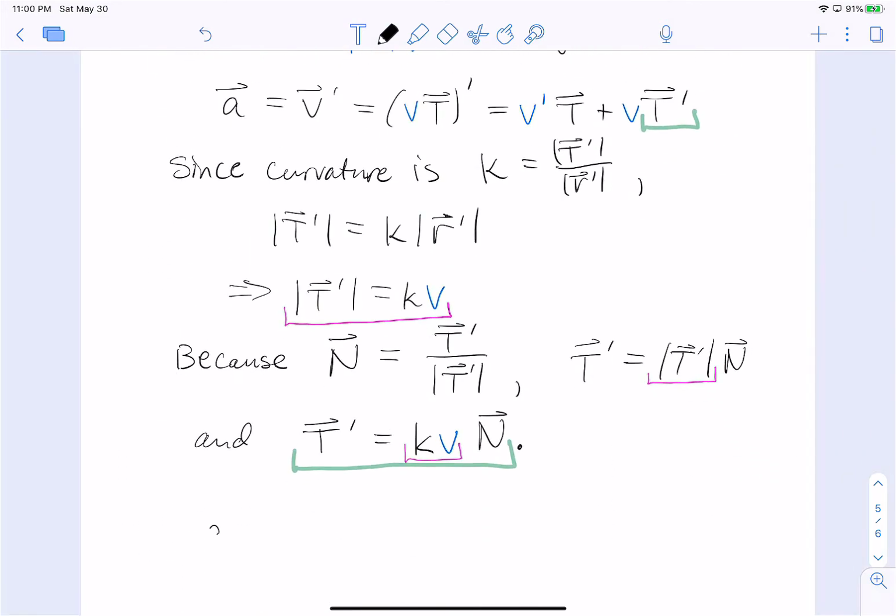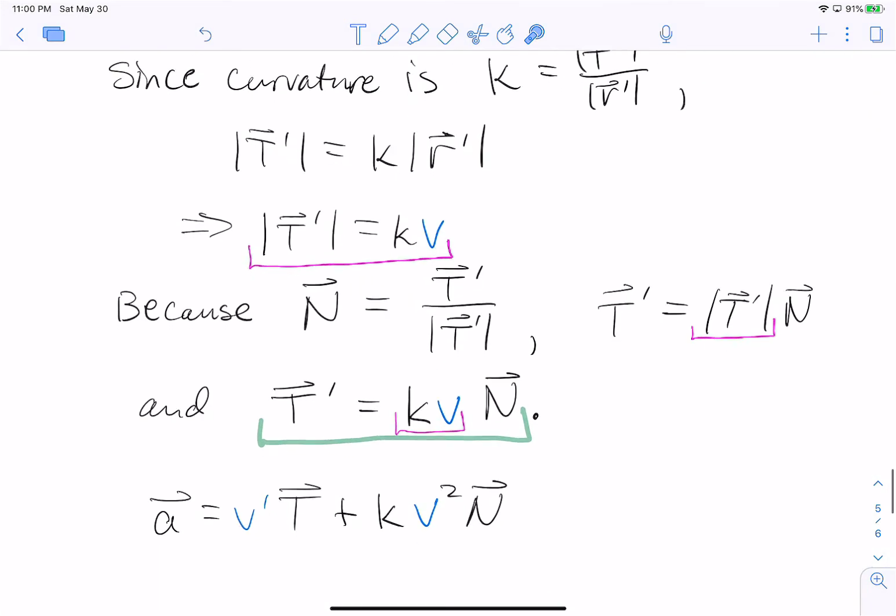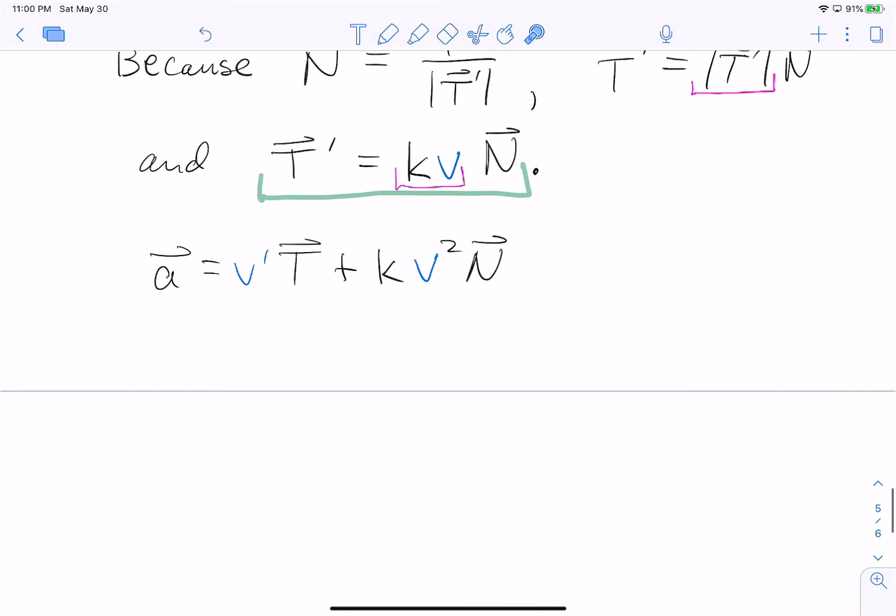So, the acceleration vector is equal to v prime T, we already had that part of it, plus kappa v squared N, where the v squared is coming from the fact that we already had v in front of T prime, and T prime is being replaced by kappa v N, so we have kappa v squared N. This was the point of the exercise that we just did.